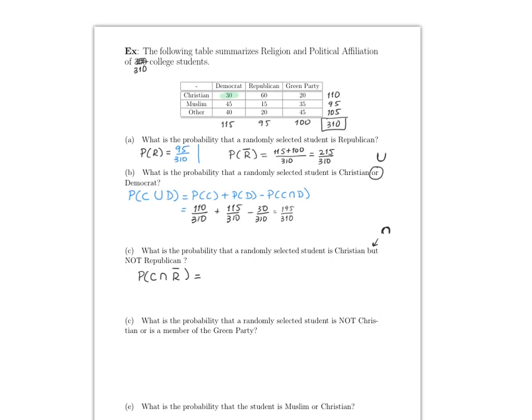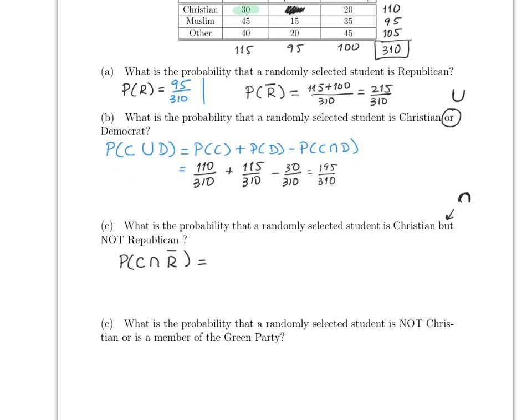This one is saying that the person has to be Christian, which is this right here, but the person cannot be Republican. So therefore, all you have to do is get rid of this value. And what do you have left? 30 and 20, which will give you 50. So this will be 50 over 310. And that's it.